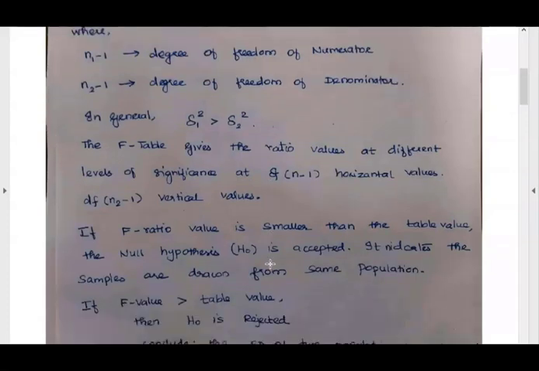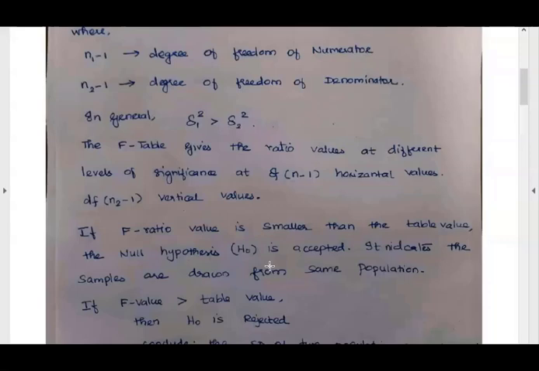To derive the conclusion, if the F ratio value is smaller than the table value, the null hypothesis H0 is accepted. It indicates that the samples are drawn from the same population.